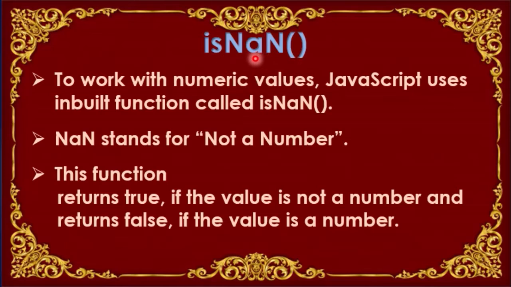This function returns true if the value in the brackets is not a number, and returns false if the value in the brackets is a number. I repeat, this function returns true if the value in the brackets is not a number, and returns false if the value in the brackets is a number.